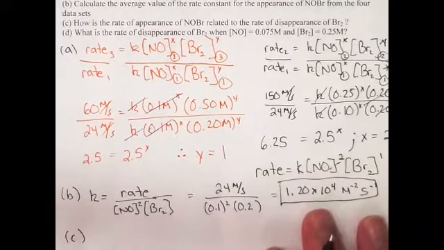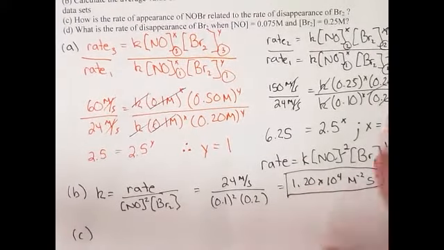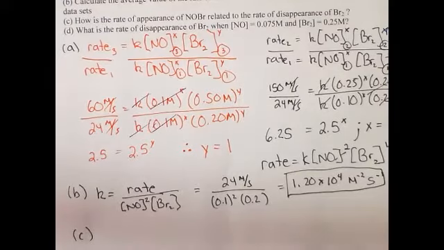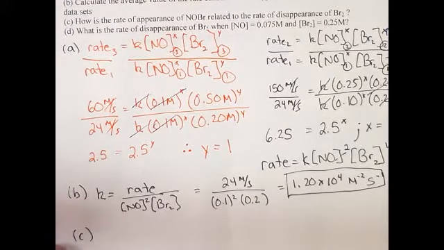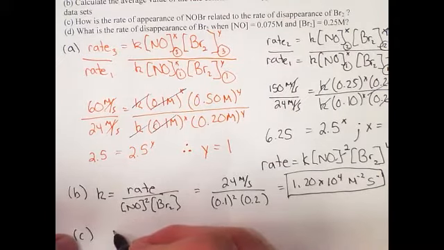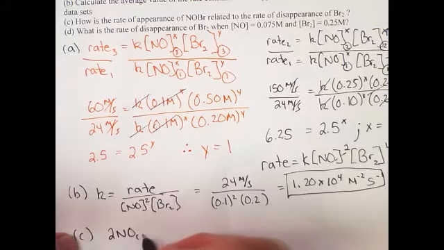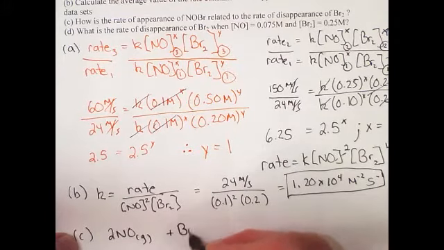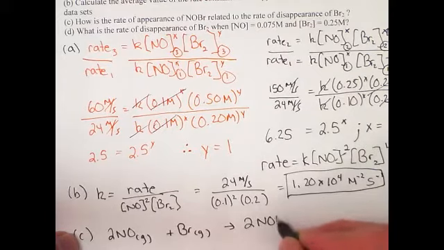Question C says, how is the rate of appearance of NOBr related to the rate of disappearance of Br2? So first, we're just going to write out the chemical equation. NO gas plus Br2 gas, so we just write out the chemical equation.